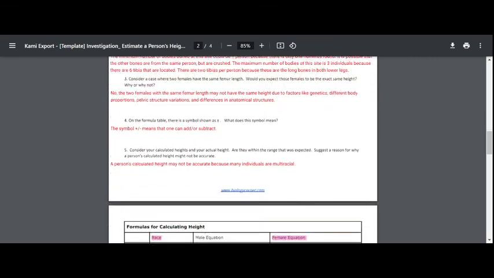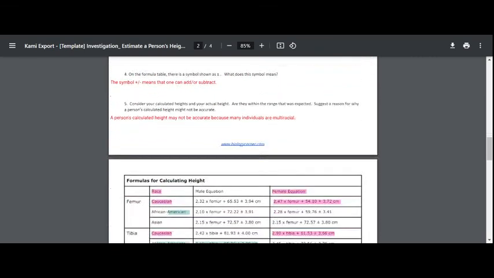So on the formula table, there is a symbol shown as positive or negative. What does this symbol mean? So guys, I actually talked about this several times. What does the plus or minus symbol mean? Anybody? I mentioned it several times.